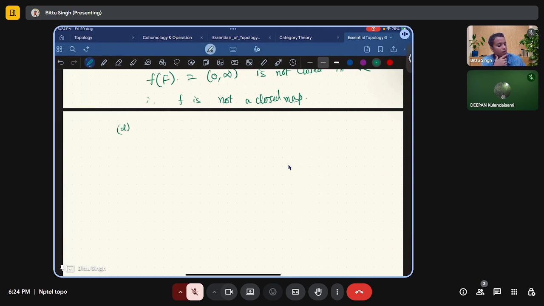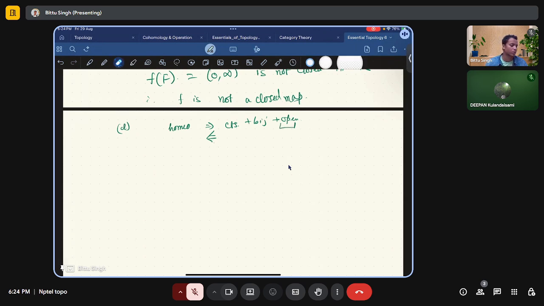So for option D, homeomorphism will imply continuous bijection plus open, and the reverse is also true. Okay, and open implies quotient.